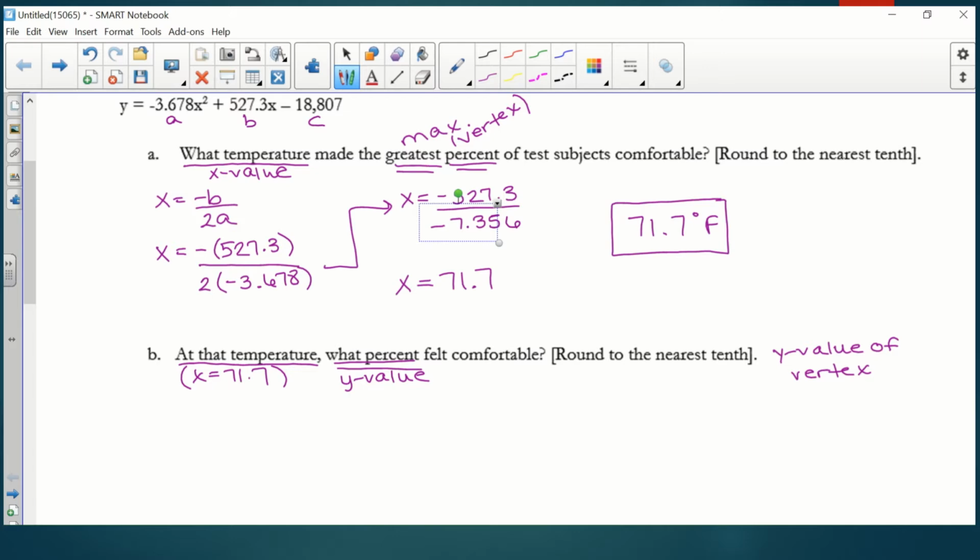Our calculator is wonderful to check our answers when we're done. So to solve for y here, I am going to plug in 71.7 everywhere I see an x.